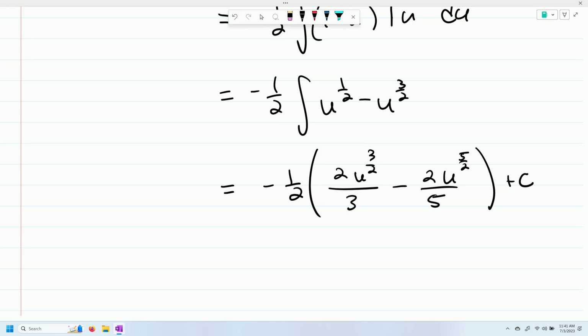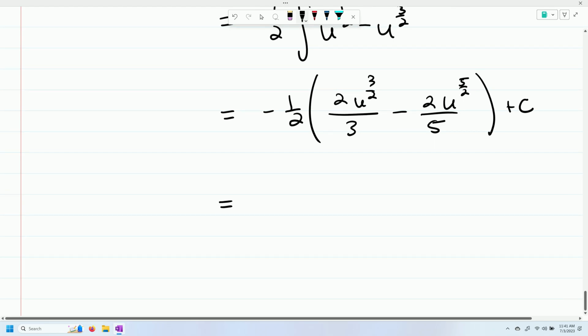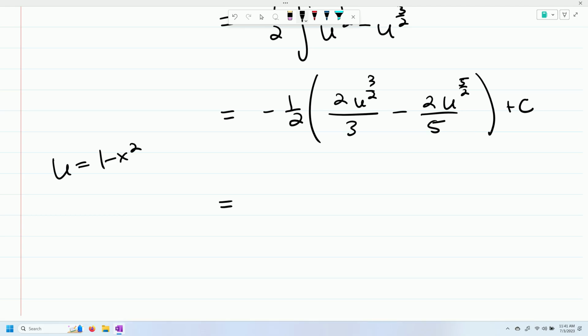And then finally, rewriting this back in terms of x's, you know what u equals. You let it equal 1 minus x squared at the very start. So you end up getting just negative 1/3, because these twos reduce when you distribute, times 1 minus x squared, all raised to the 3/2 power, plus, and then these twos reduce when you distribute, again, 1/5 times 1 minus x squared to the 5/2 plus c.